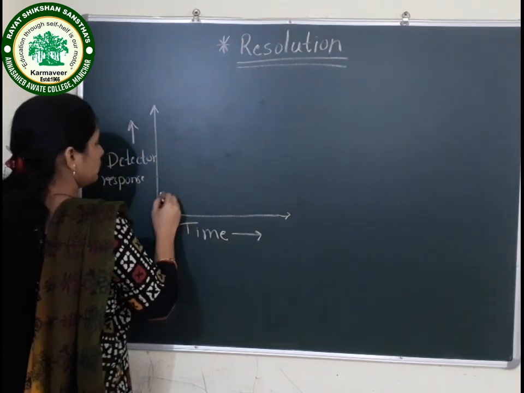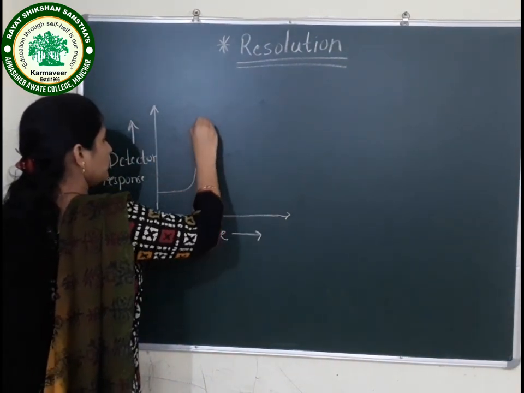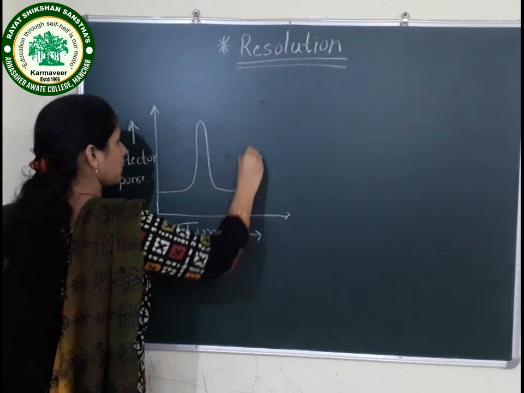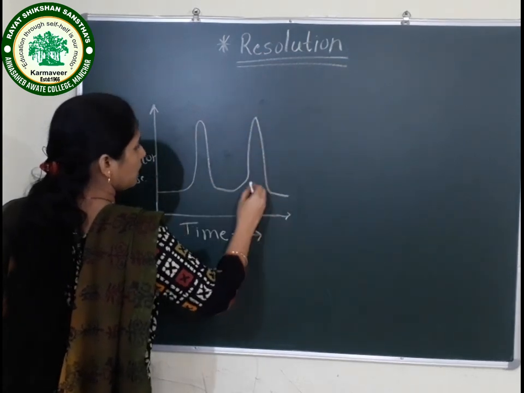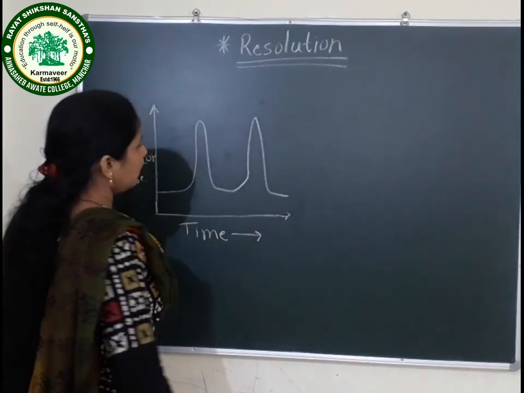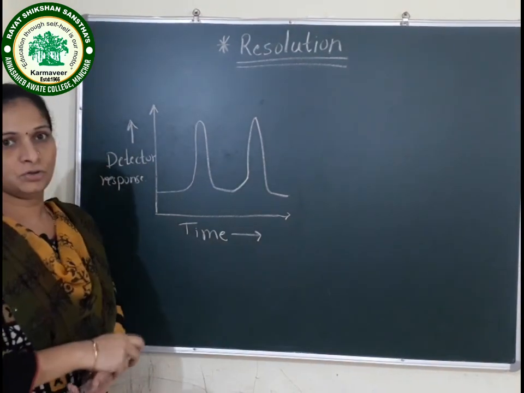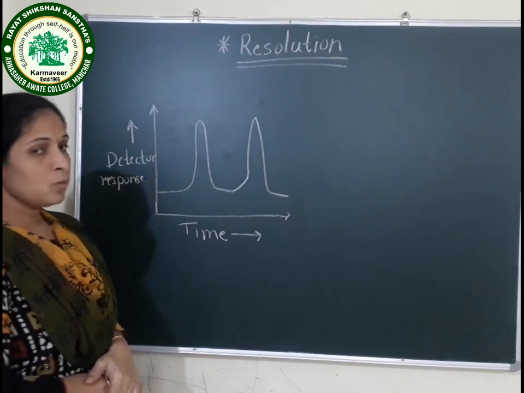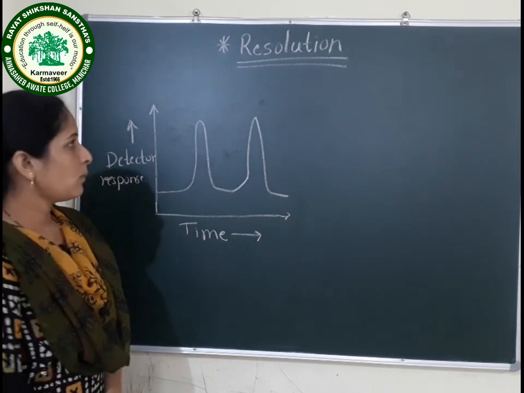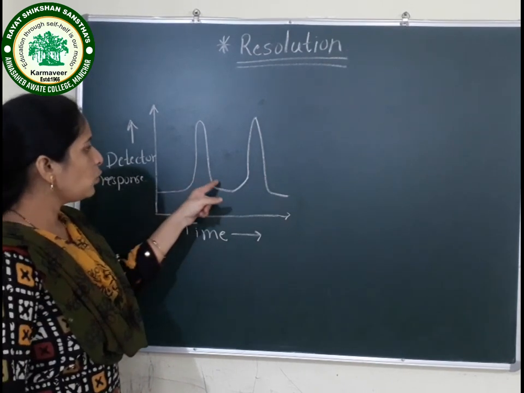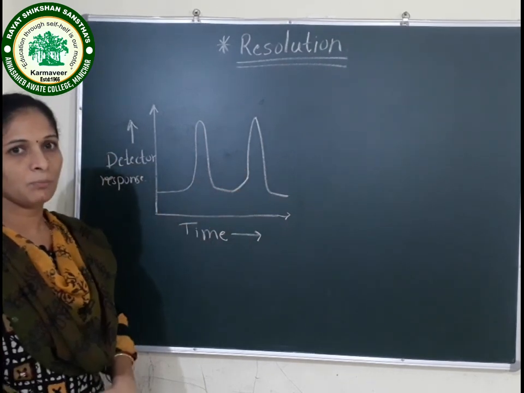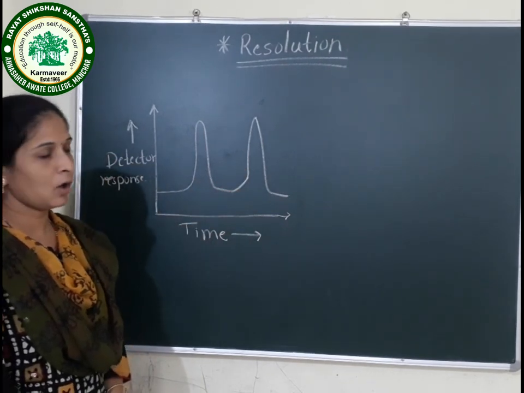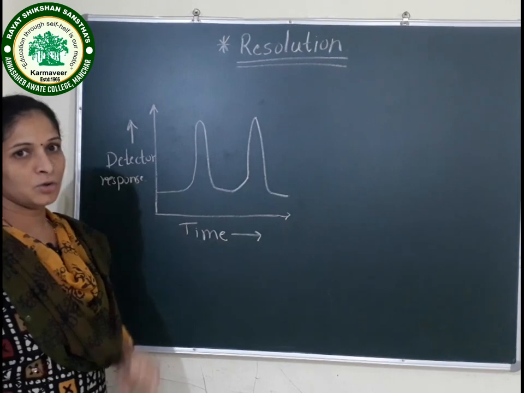Okay, we will obtain a chromatogram like this. Now what is the resolution? Resolution means separation of the two components on the chromatogram. The extent to which the separation of these two components takes place on the chromatogram is called resolution.